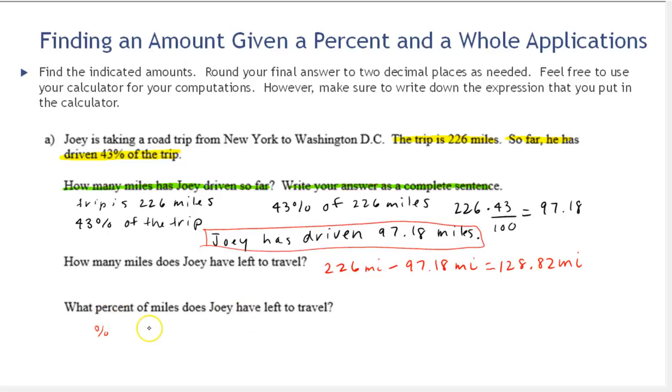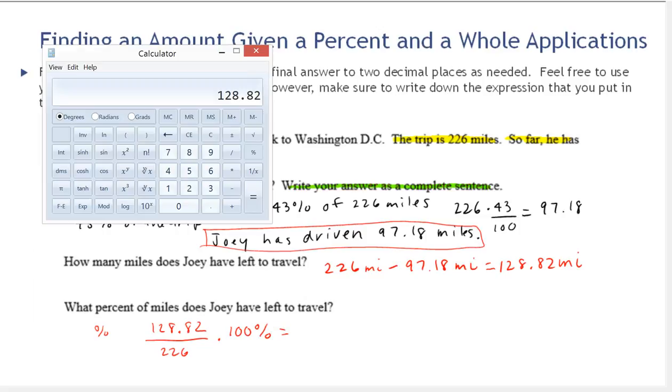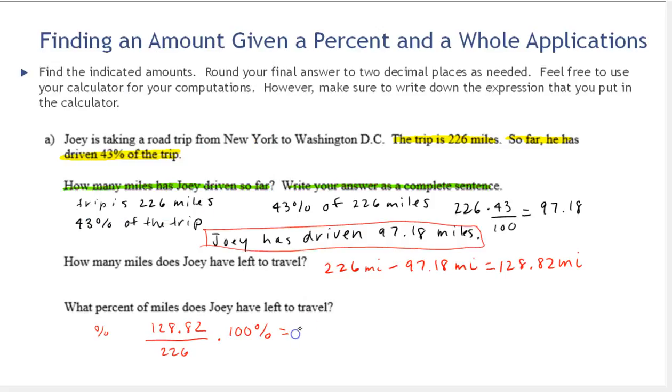So the part he has left to travel, the amount over the whole, which is 226 miles, we'll multiply this by 100% to find the percent. I'll divide by 226 and multiply by 100, and we get 57%.